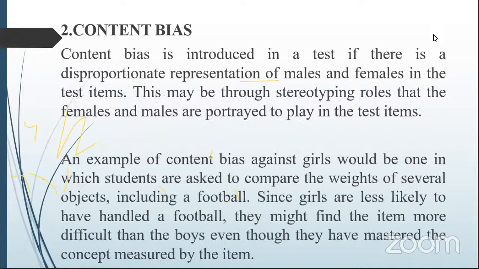An example of content bias against girls would be one in which students are asked to compare the weights of several objects, including a football. These girls are less likely to have handled a football. They might find the item more difficult than the boys, even though they have mastered the concept measured by the item.